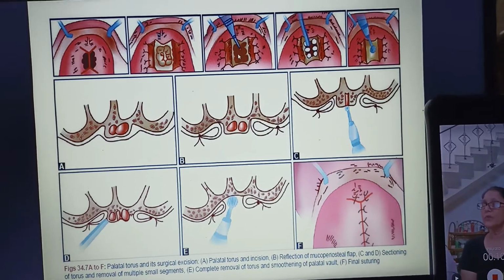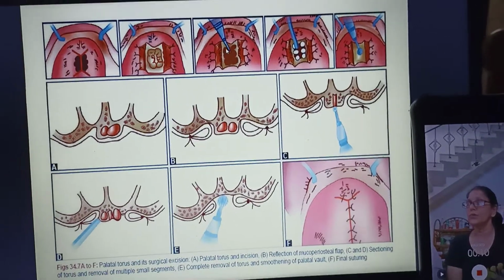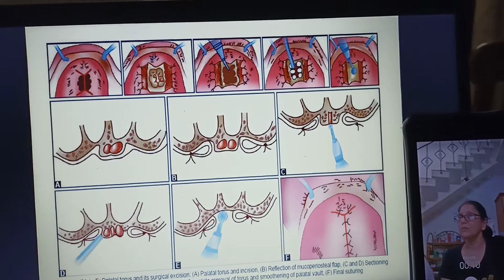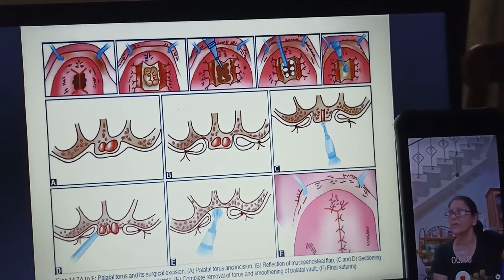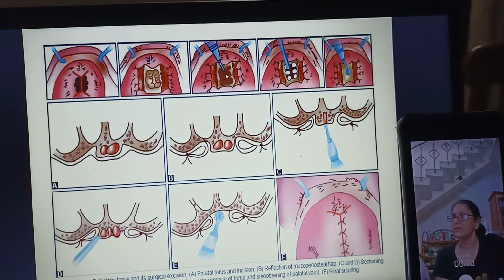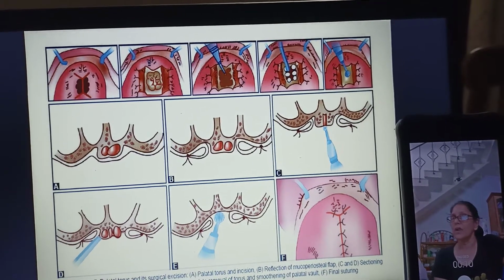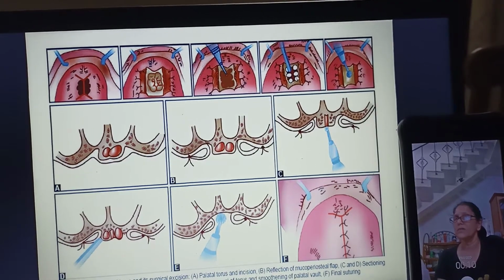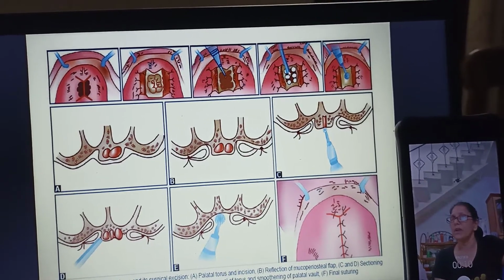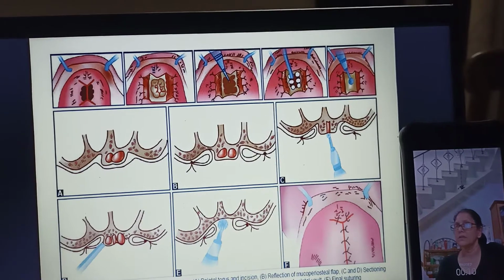Next thing which is very important is to remove these tori in pieces, not as one part, otherwise it can cause palatal perforation. So these tori are now divided into separate small parts and then each part is removed separately.